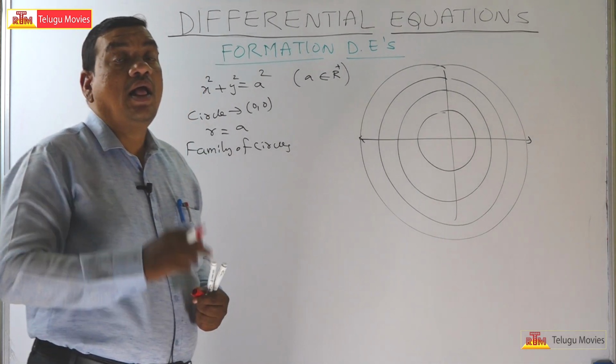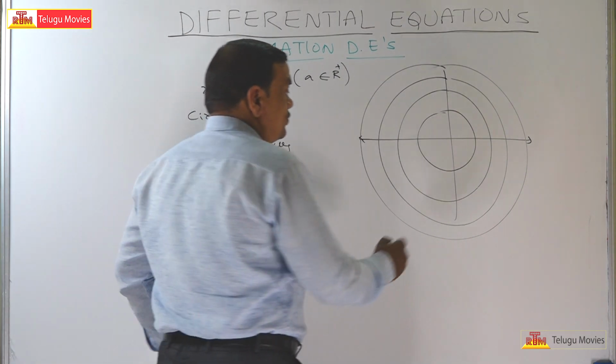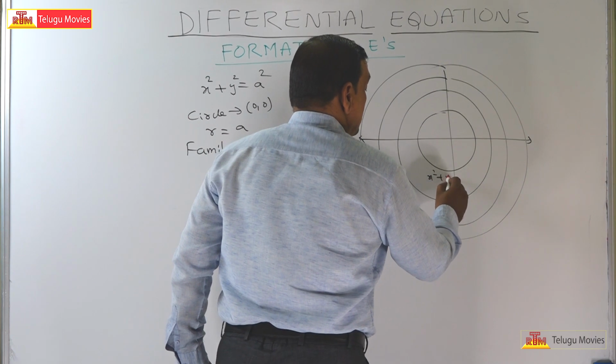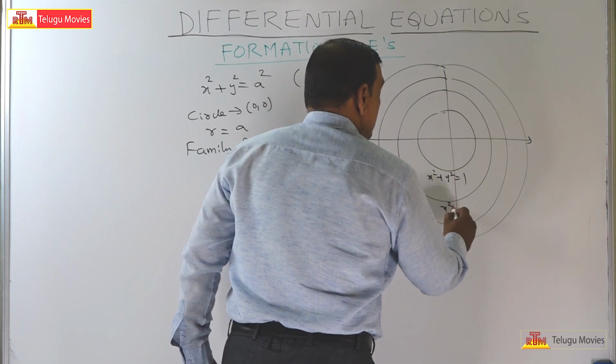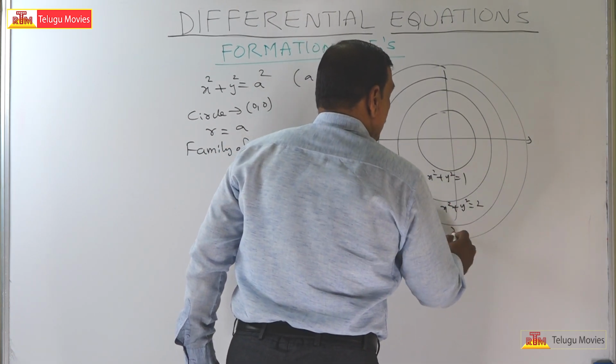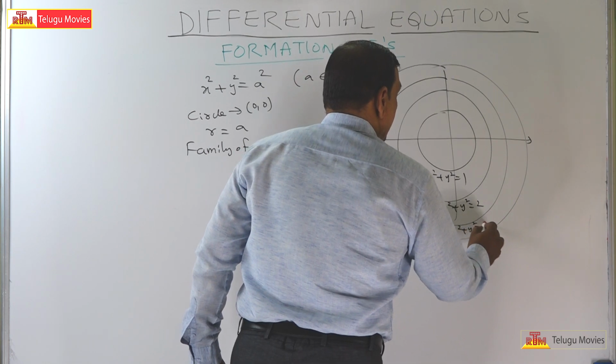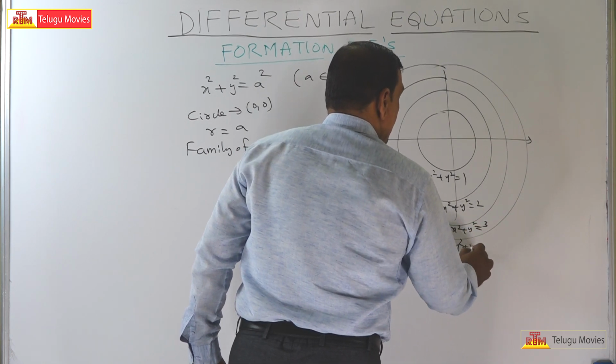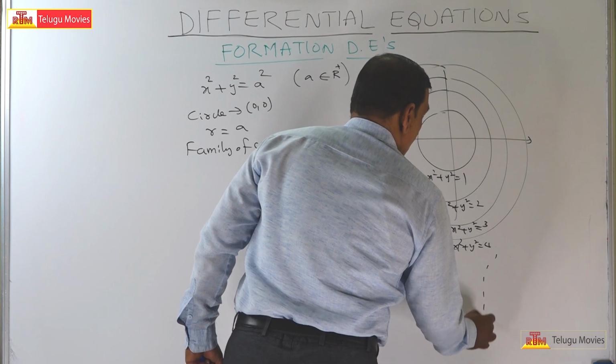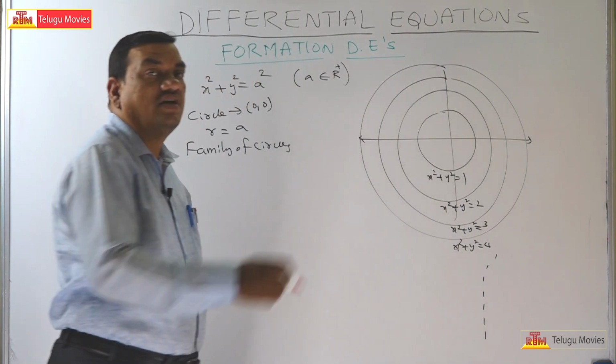For example, this is x square plus y square is equal to 1. This is x square plus y square is equal to 2. This is x square plus y square is equal to 3. This is x square plus y square is equal to 4. And so on, you will get an infinite number of circles.